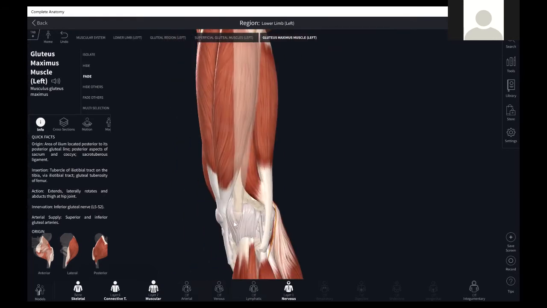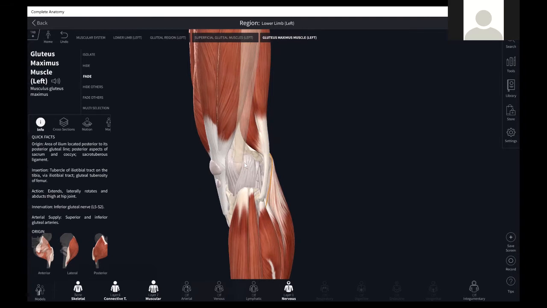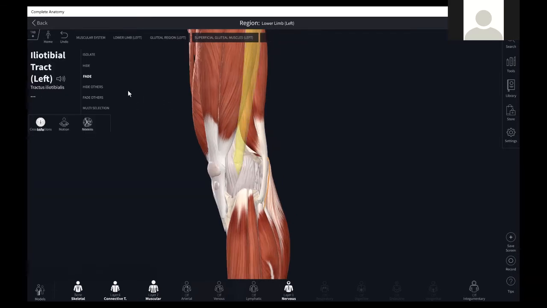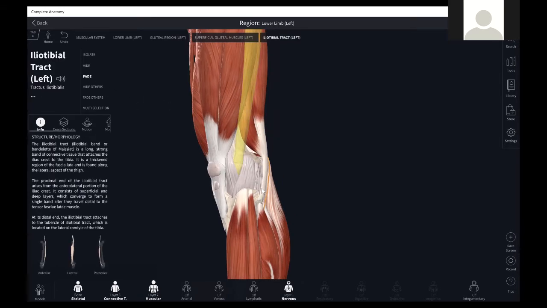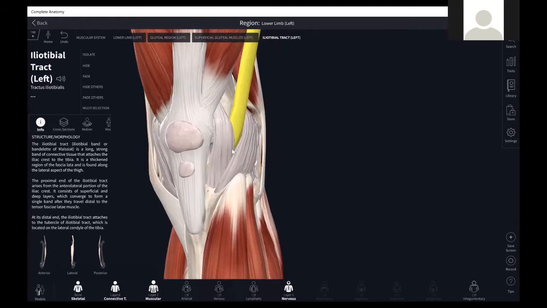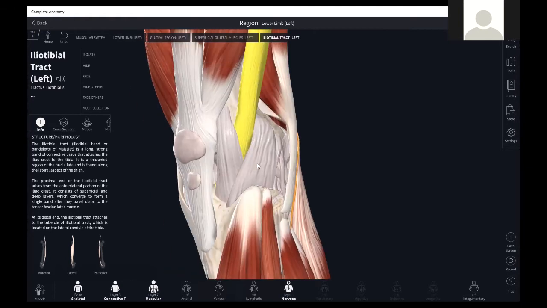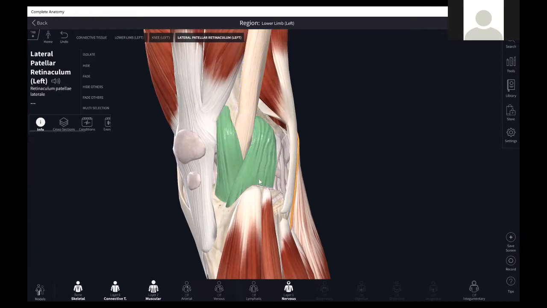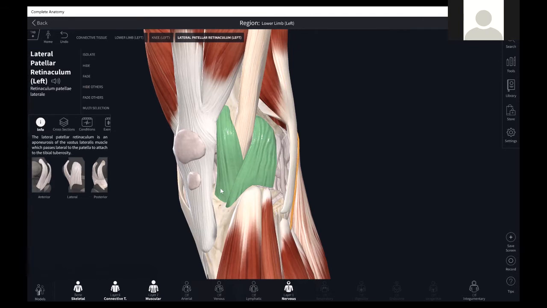We move further distally, and let me bring this back into view. As the IT band comes down, one thing it does is pierce between the heads of the lateral patellar retinaculum, and it's headed on its way to the lateral superior aspect of the tibial plateau.